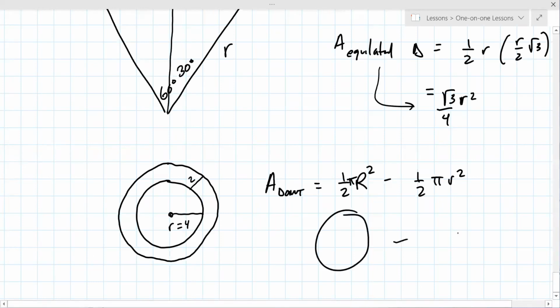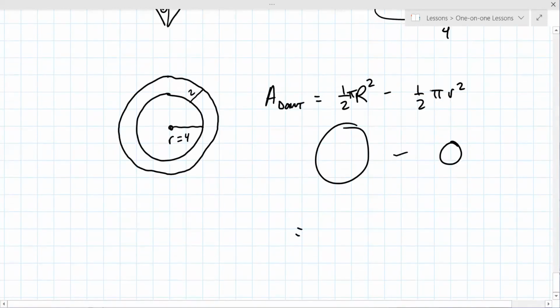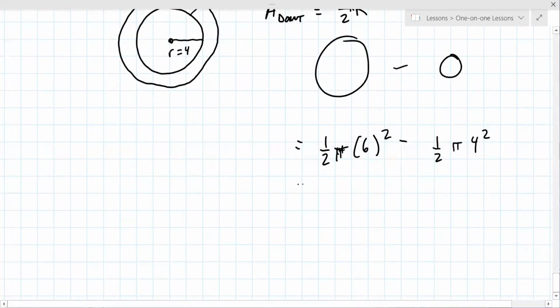If you remember that, you know how to find the area of the circles. So you don't have to use big R and little r. The radius of the big one is 4 plus 2. So it's 1/2 pi 6 squared minus 1/2 pi 4 squared. So this is 36 pi, 1/2 of that is 18 pi, minus 16 pi cut in half is 8 pi. So we get a total of 10 pi for that.